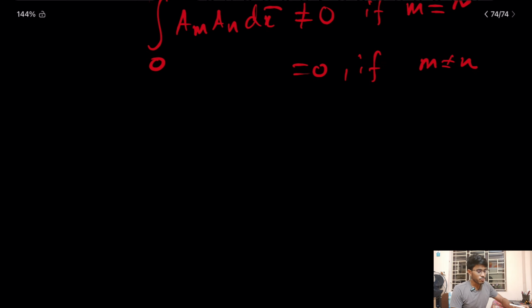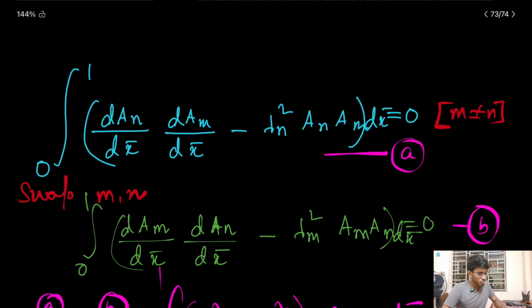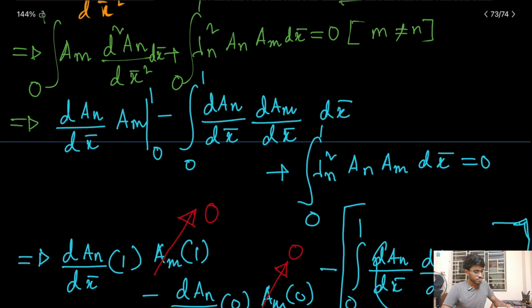Okay, so this is the orthogonality condition. In the examination you don't have to prove this, but this should be proved. Up till now I have not done anything that is beyond basic integration and differentiation.